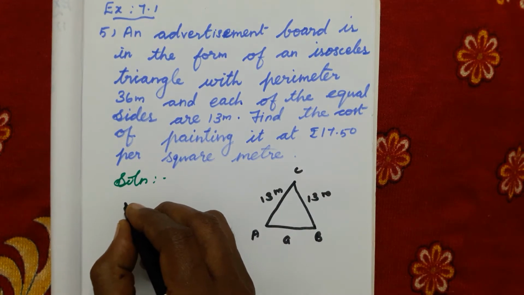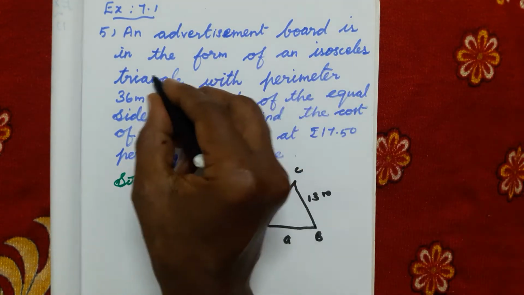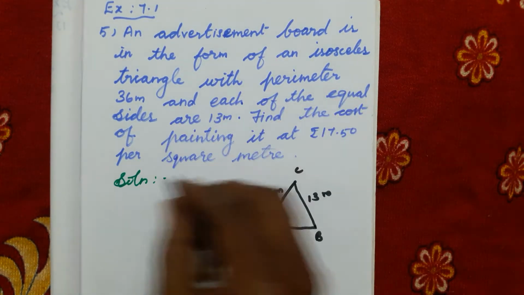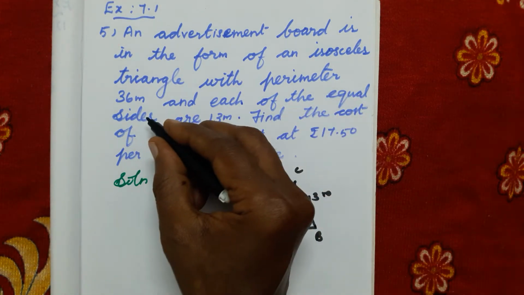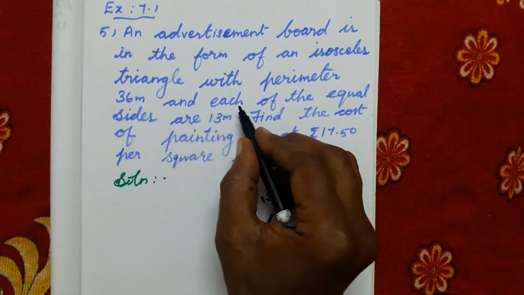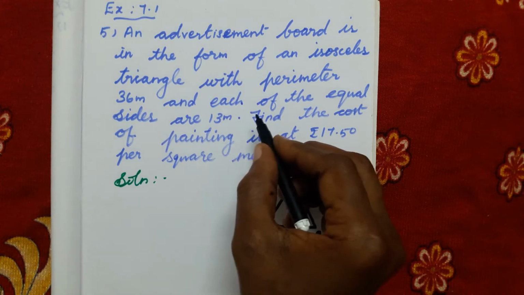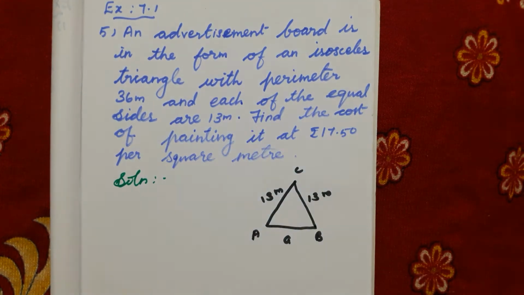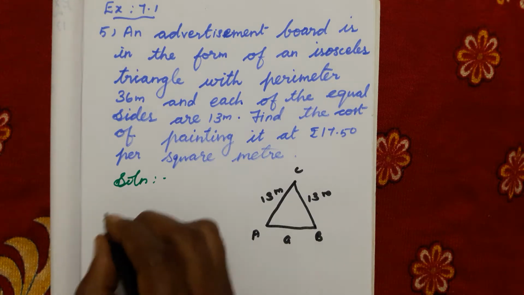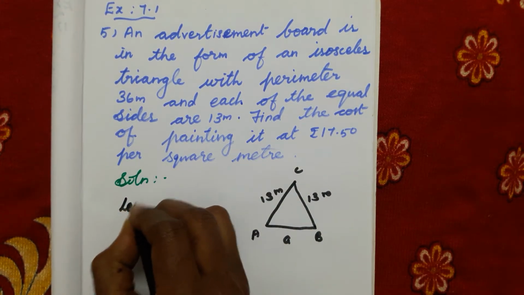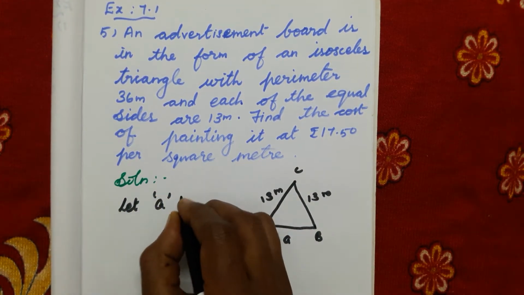First, it is given: an advertisement board is in the form of isosceles triangle with the perimeter 36 meter and each of the equal sides are 13 meter. First, let A be the unknown side.